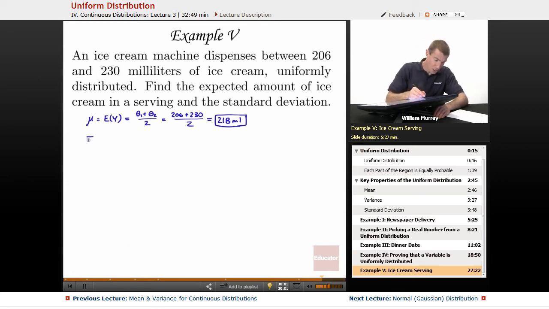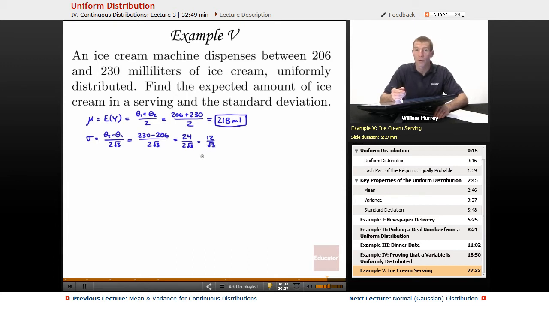The standard deviation I also gave you on that slide several slides ago is theta 2 minus theta 1 divided by 2 square roots of 3. So in this case, theta 2, the big one, is 230. Theta 1 is 206, and we want to divide that by 2 square roots of 3. 230 minus 206 is just 24, because the 200 part cancels. Divided by 2 root 3, that simplifies down to 12 over root 3.